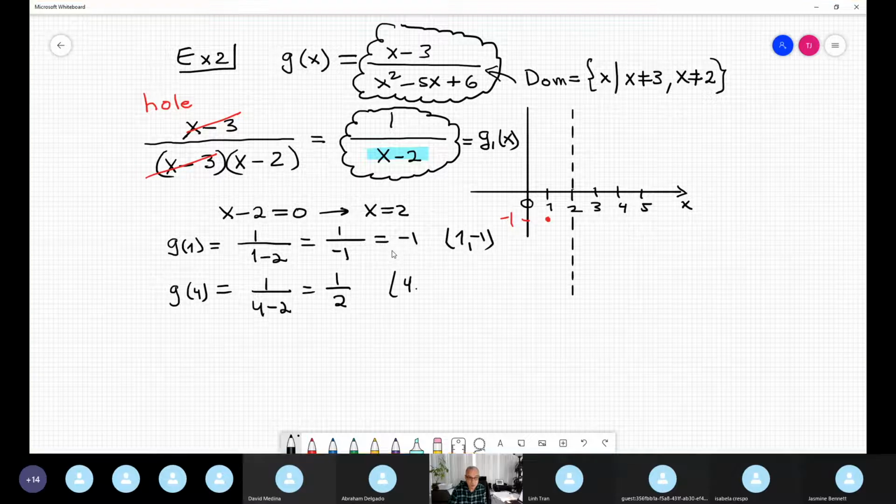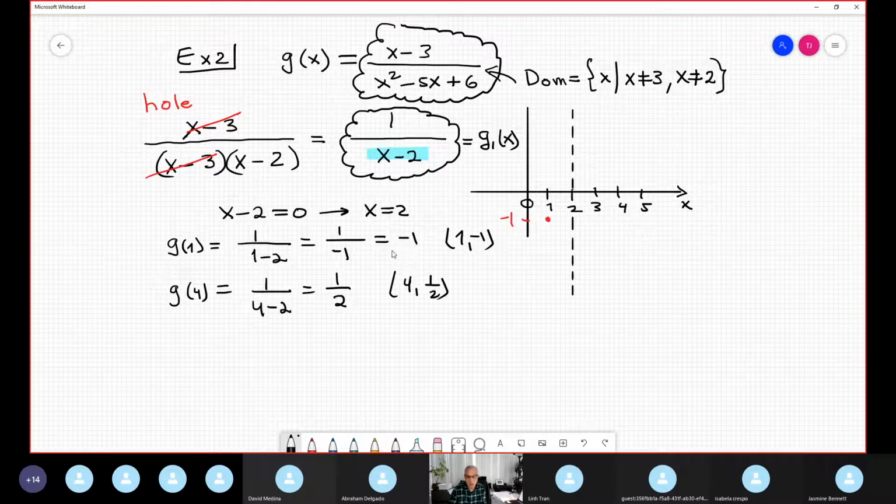The point is 4 comma positive 1 half. I suppose 1 is here, and the half is here. This point is 4 comma 1 half, and that point was 1 comma negative 1. So I know their behavior looks like that, approximately, a roughly sketch.